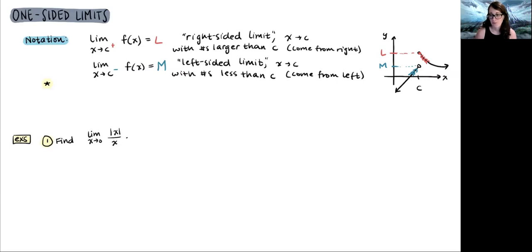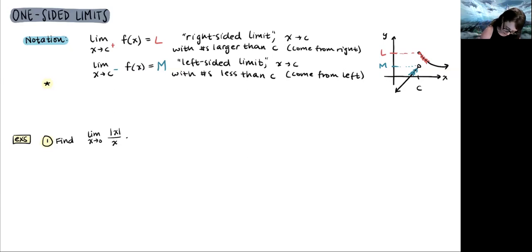Sometimes they don't. The connection with two-sided limits is that in order to have a value for a two-sided limit, these both have to be approaching the same point. They have to be meeting together in order for the two-sided limit to exist.